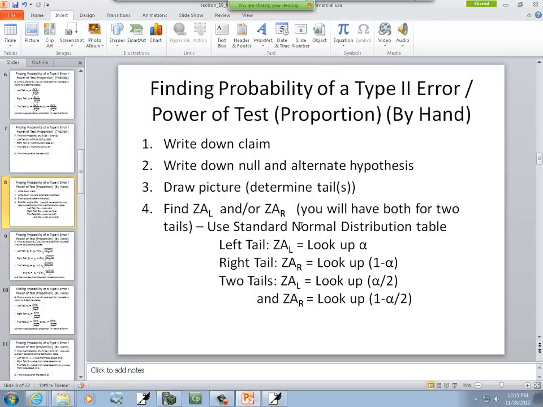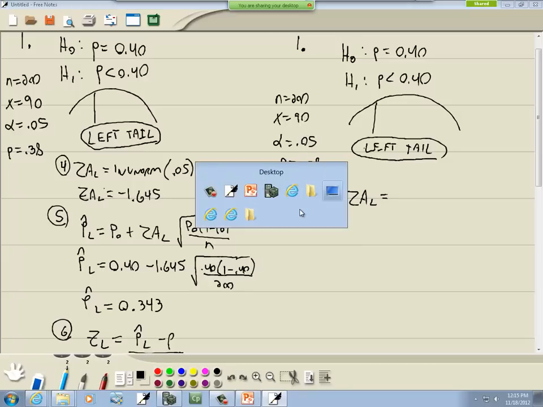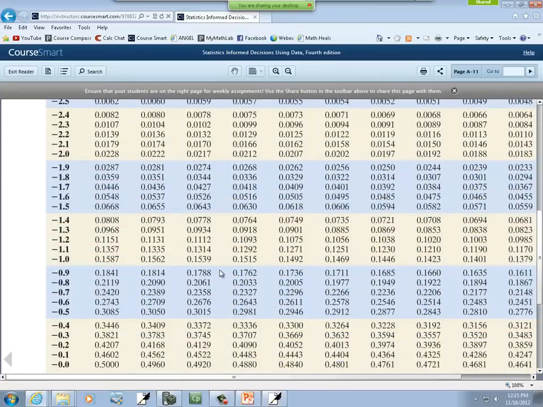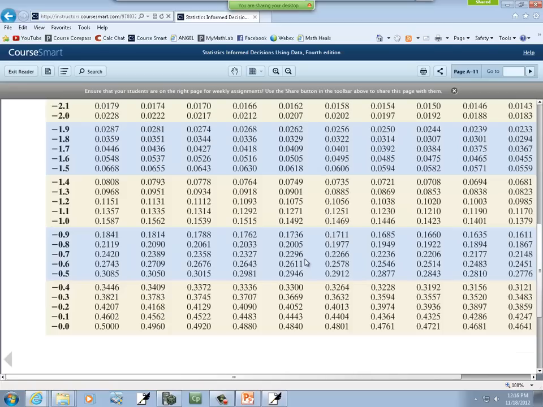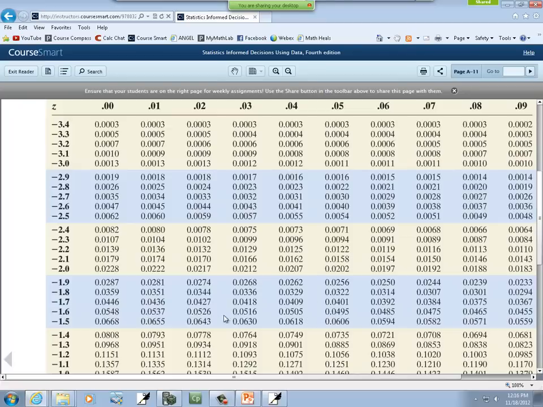Step 4. It says find ZA sub L and or ZA sub R. You have to use both for two tails, and we'll use a standard normal distribution table. For a left tail, ZA sub L, it says look up alpha. Okay. Well, alpha is 5%. So come over here, and we're looking up 0.05. Here's 0.0495.